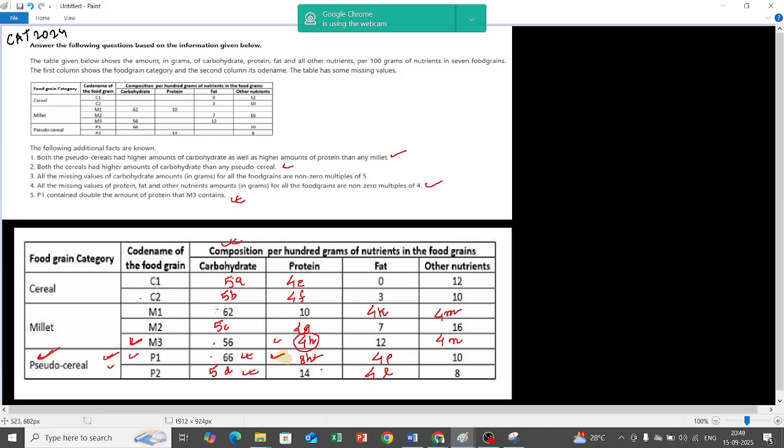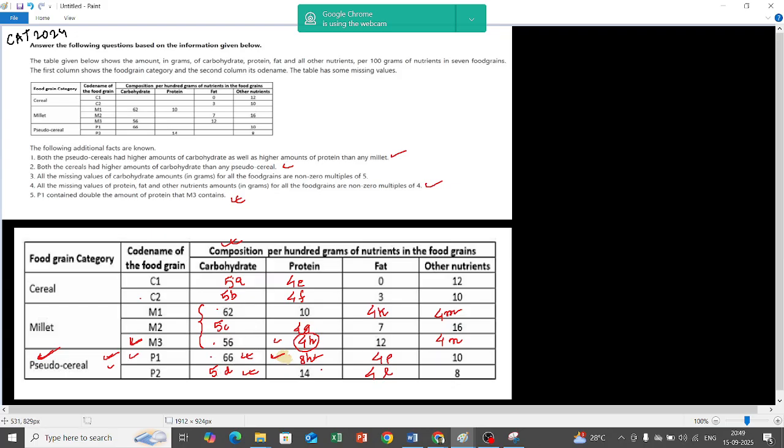Now come to millet, come to M. Pseudo cereals have higher amounts of carbohydrate than any of the carbohydrate present in the millets. Now you see in the millets in M1, M2, M3, 5C is unknown. I don't know what is 5C. I know 62 and 56.